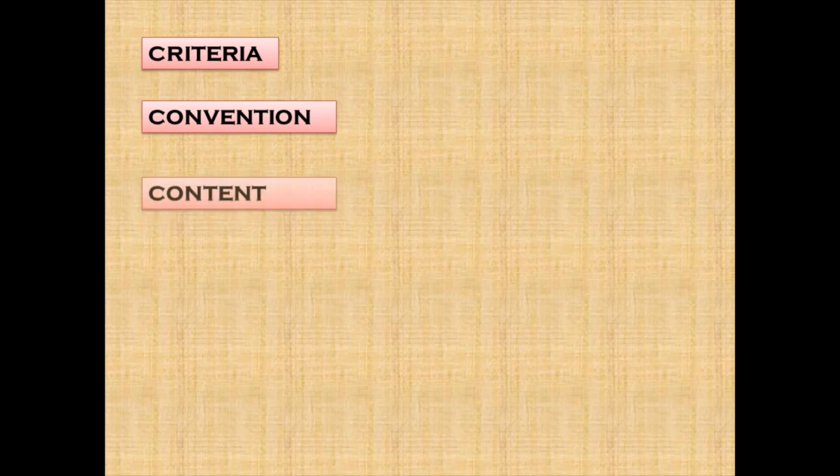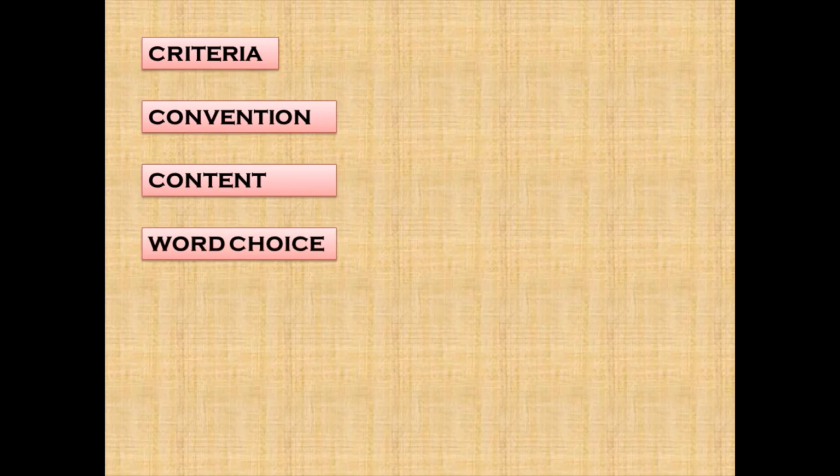Next, content, which refers to the ideas you included in your analysis. And the third one is word choice. And last but not the least, organization. This refers to the organization between sentence or sentences and paragraphs. It is better if you're going to use transitional words and phrases.